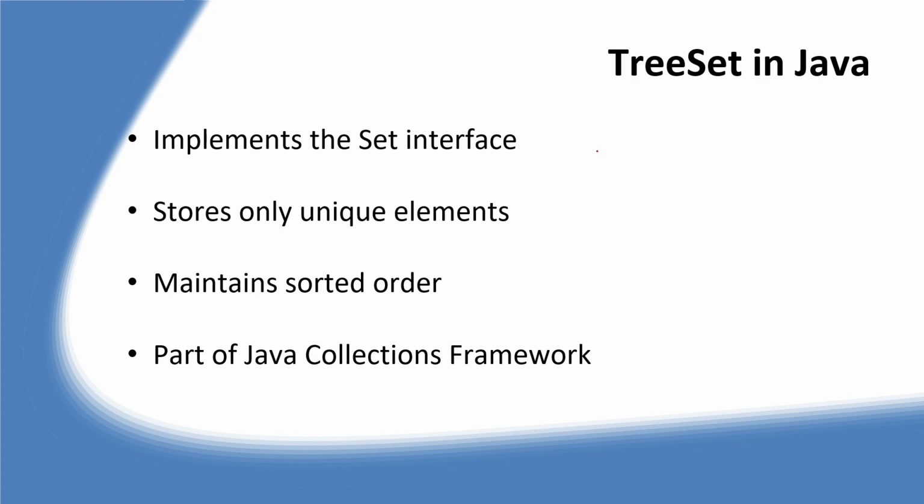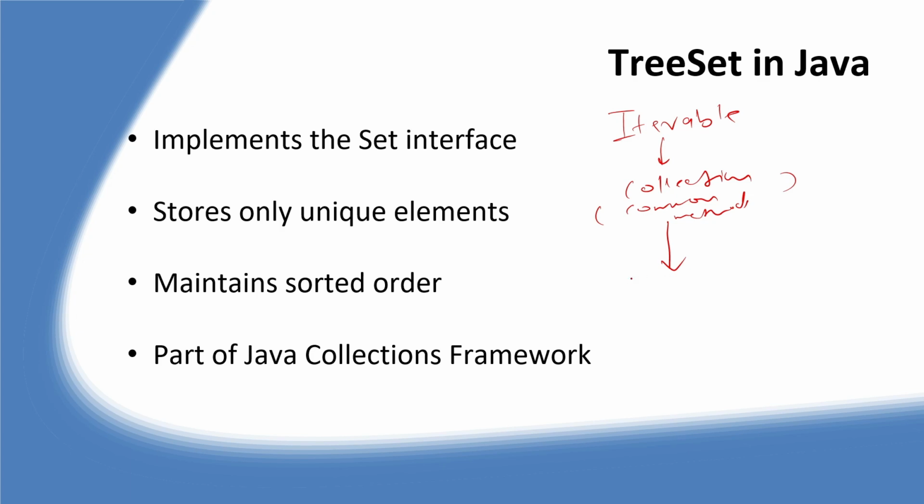Before learning any collection, we should know the hierarchy of the collection. Iterable is the parent interface, then Collection, which provides common methods such as addAll, removeAll, size, isEmpty, and search. Those common methods are provided by the Collection interface.